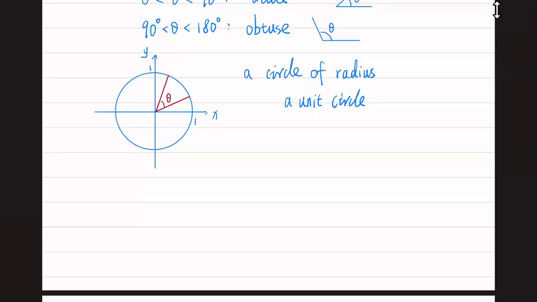So this angle corresponds to an arc on the boundary. Use the previous method, we can find the length of the arc.